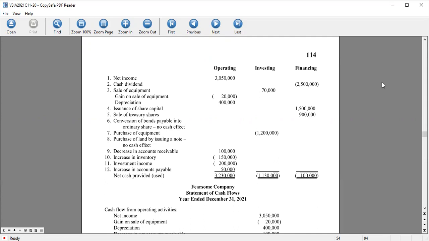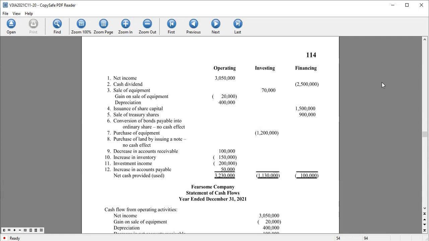Now, increase in inventory, deduct; investment income, deduct; and we have an increase in accounts payable. So you will notice that the analysis is more of the indirect method used. So we have now the net cash provided once it's positive. Once negative, then it will be used.